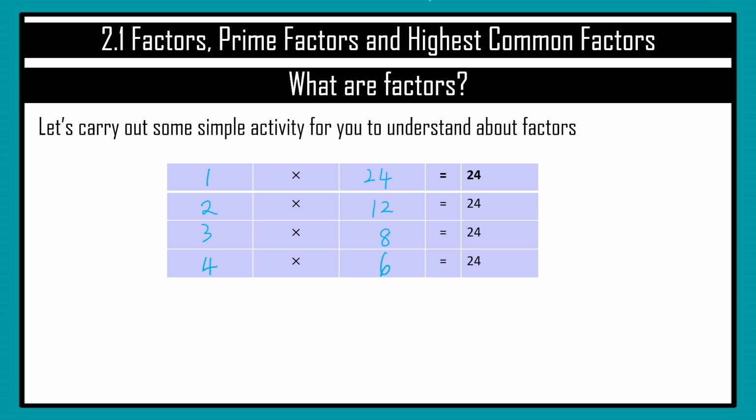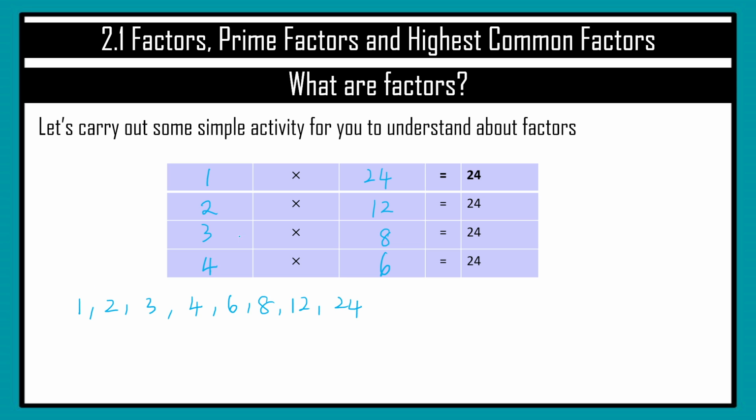So the numbers that we have listed down are 1, 2, 3, 4, 6, 8, 12, 24.